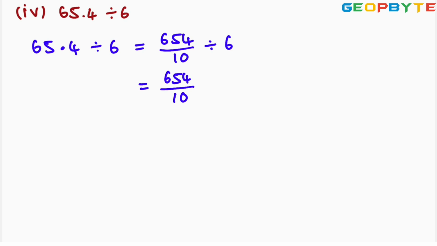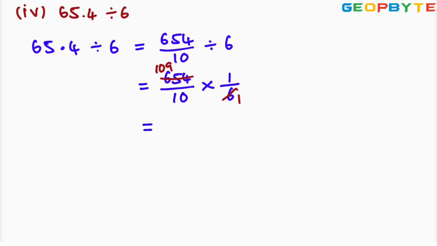We need to find the reciprocal of 6 and convert this division operation into multiplication, into 1 by 6. Here 6 ones are 6, 6 one hundred nines are 654.